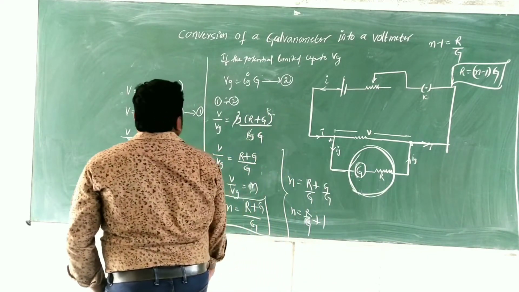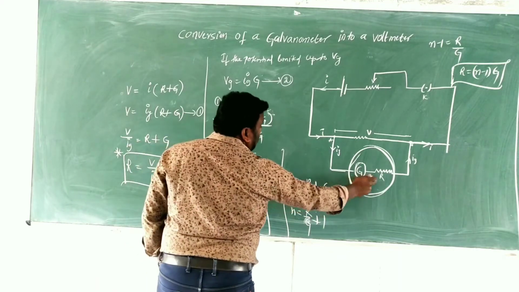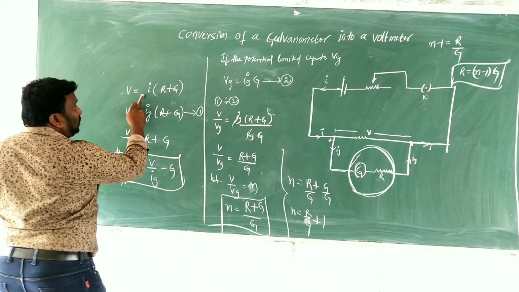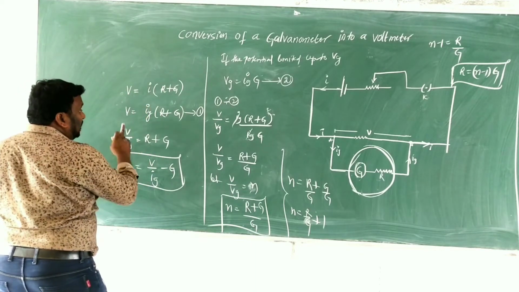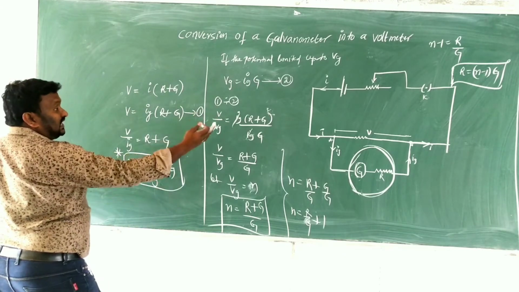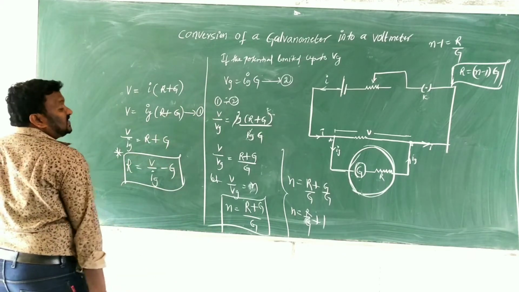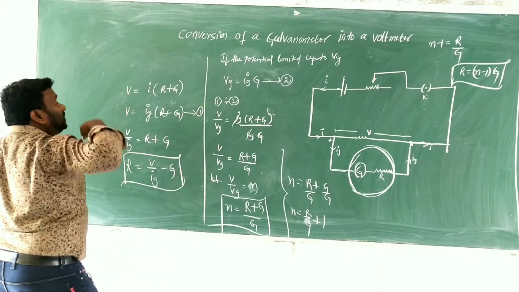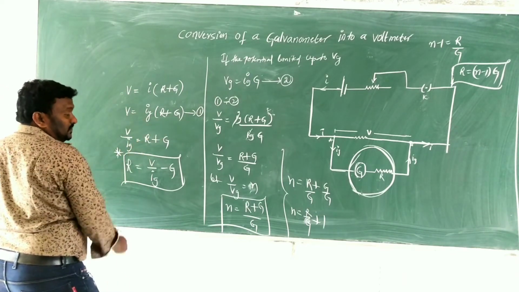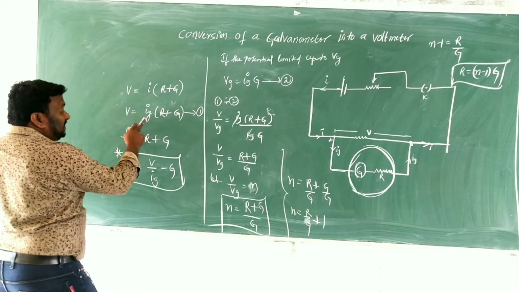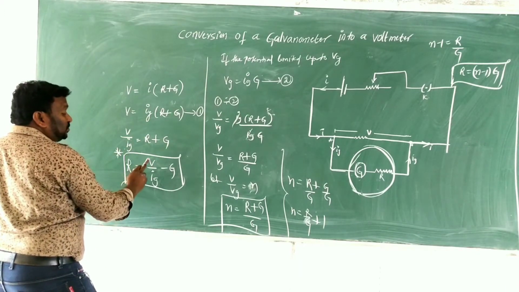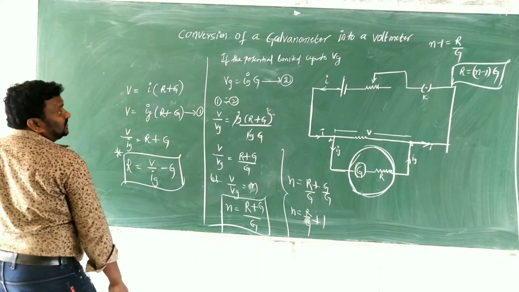For that, when these two are in series combination, V is equal to I into (R plus G), and V is equal to Ig into (R plus G), because the current coming from the circuit is taken through the galvanometer. From that equation, V by Ig is equal to R plus G, and R is equal to V by Ig minus G, children.